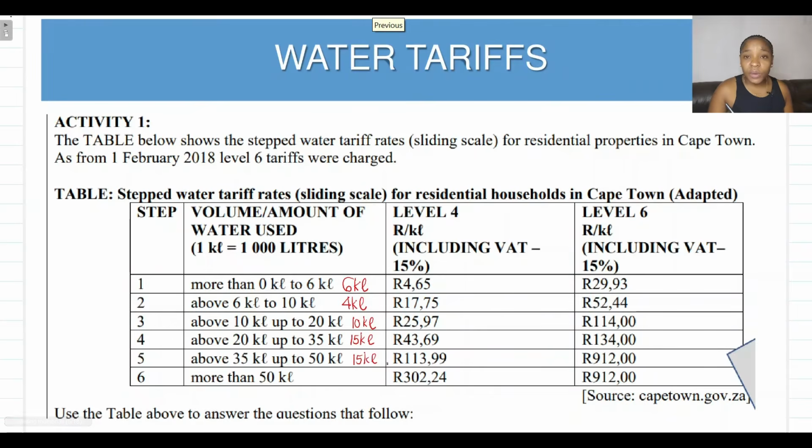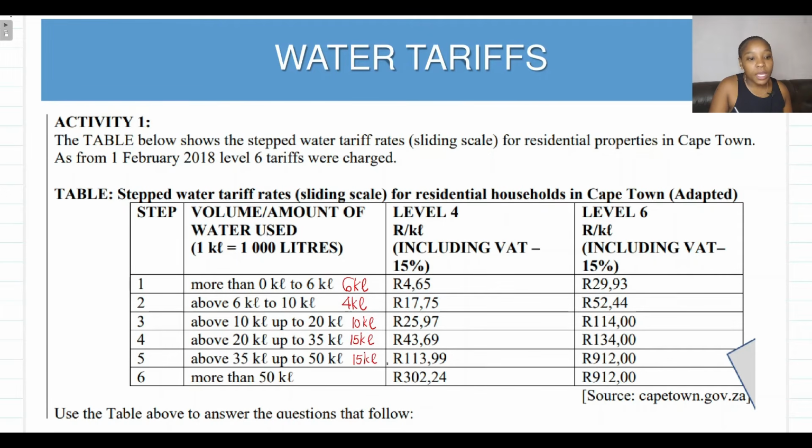First, we need to calculate the amount of water that is consumed in each step. Here we already know in the first step we consume 6 kiloliters of water. In the second step, it's 4 kiloliters of water. So if you add these two up, you get 10 kiloliters of water. We need to get to 35 kiloliters, and so far we've consumed just 10 kiloliters.